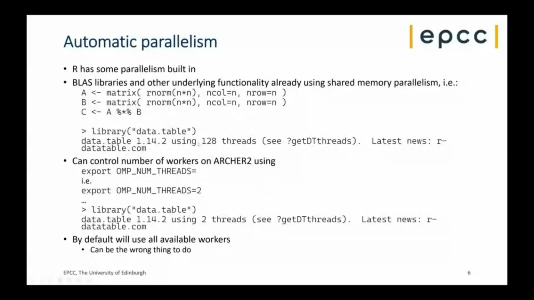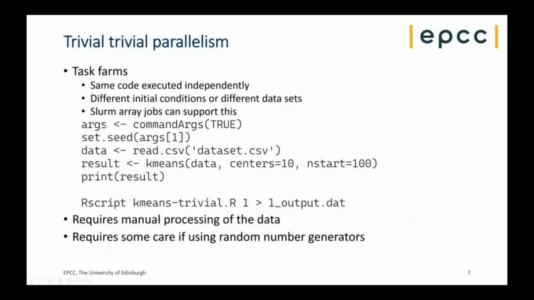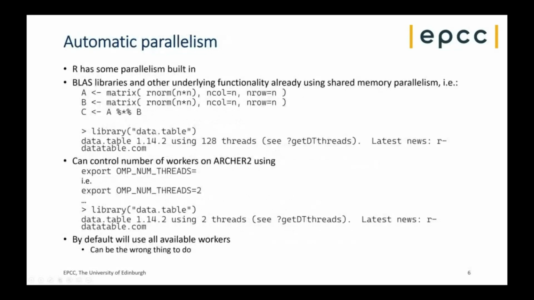So yes, there's some other functionality that will automatically give you these kinds of things. For instance, the library data.table. Now this is not installed by default for you on ARCHER2. You'd have to install that as a package. But if you install it and import it inside R in the terminal, you'll see when it comes in, it says by default data.table 1.14.2 using 128 threads.